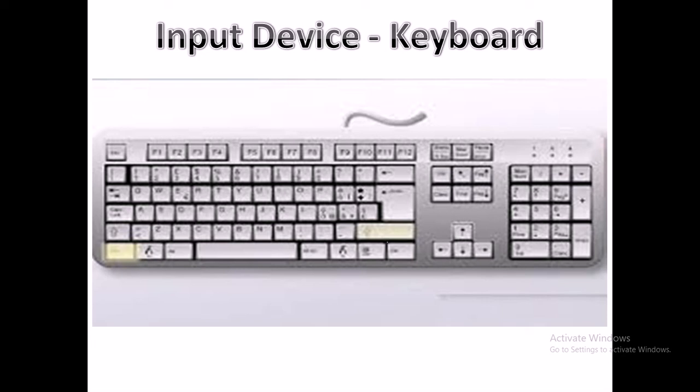You can see here there are different parts on the keyboard. We can see letter keys, A to Z. These can be typed as capital as well as small letters.